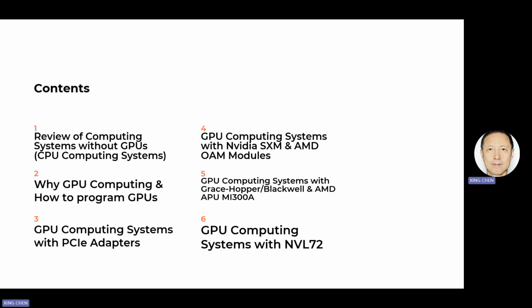Maybe the word is too big for this kind of evolution, but there's something we really need to understand. And then in section 6, we are going to have a look at the GPU computing systems with NVL72. So we are going to go through these 6 sections.